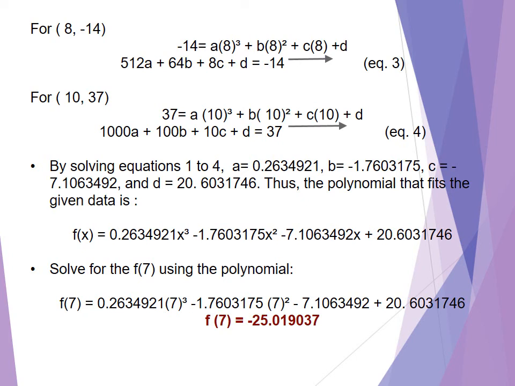So this is f of x equals 0.2634921x cubed minus 1.760317x squared minus 7.1063492x plus 20.603176. Then solve f of 7 using the polynomial. Substitute again, then we get the value of f of 7, which is negative 25.019037.